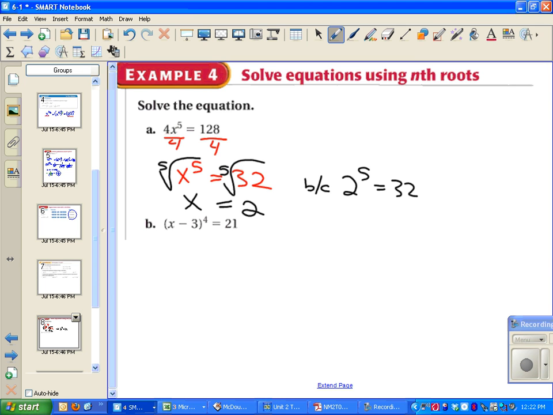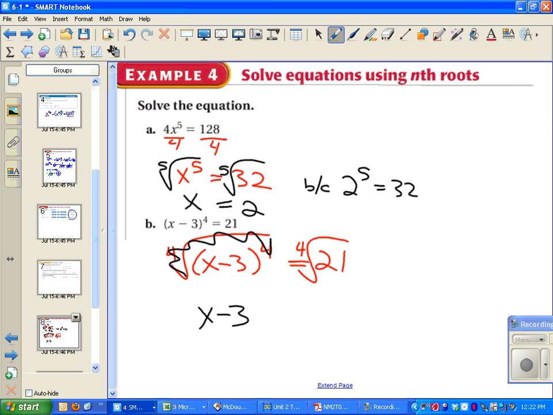Right? For b, I'll write that a little bit bigger. We have x minus 3 to the 4th equals 21. Right? And so we have the thing by itself. So I'm going to do the 4th root to both sides. The 4th root undoes the 4th power, so all that goes away. And on the left we get x minus 3.